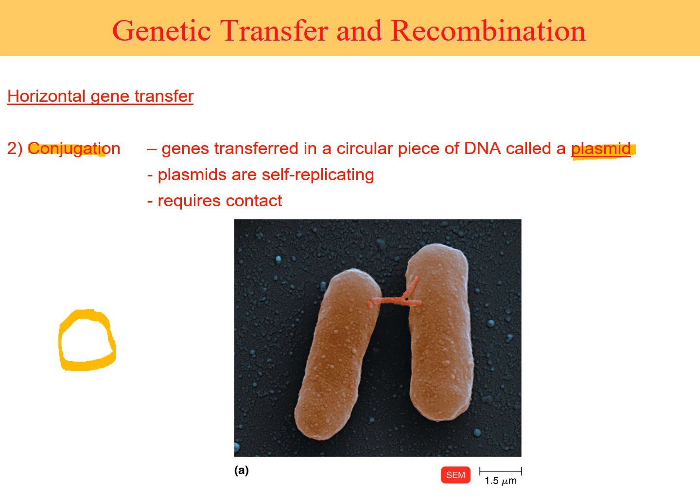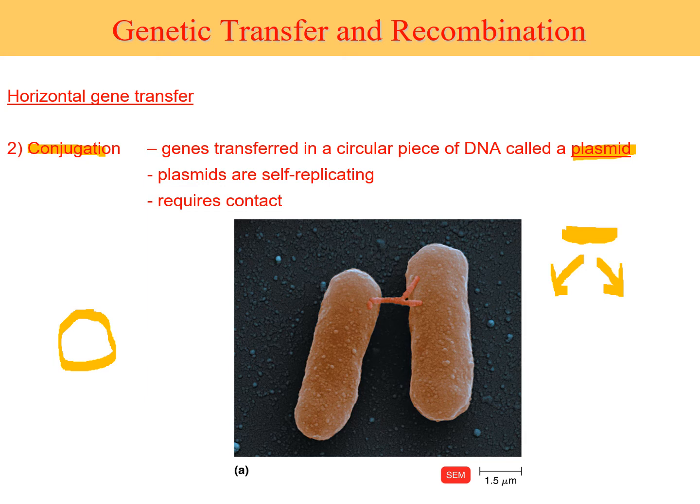These plasmids can code for a few genes, and plasmids are self-replicating. So if you have a bacterium that contains a plasmid and it undergoes binary fission, the plasmid can be transferred into the next generation.